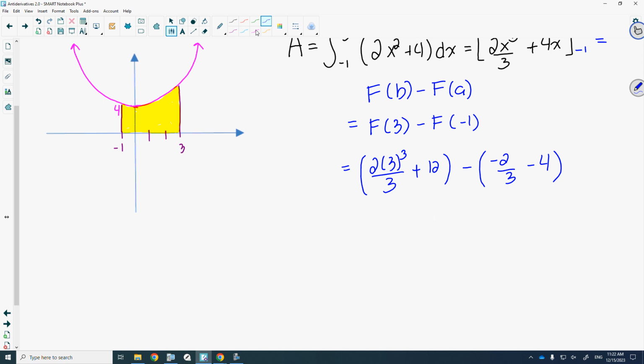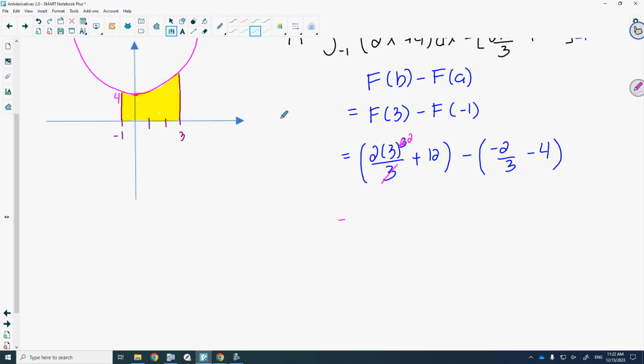Okay, I'm going to cancel that 3, and I'll change that to squared. So 9 times 2 is 18, and 18 plus 12 is 30, minus, it was 3 cubed, but instead of doing 27 divided by 3, I just used exponent laws over here.